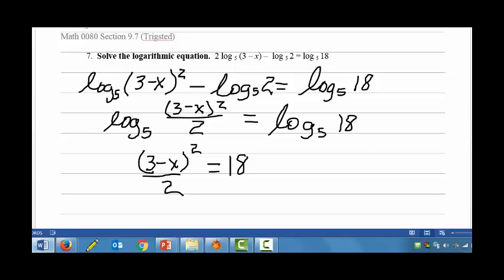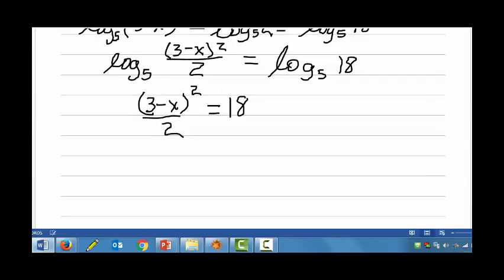And then I will multiply both sides of this by 2. So here I'm using the equality property of logarithms. So these divide out, and on the left I'm left with the square of 3 minus x, and on the right I have 36.